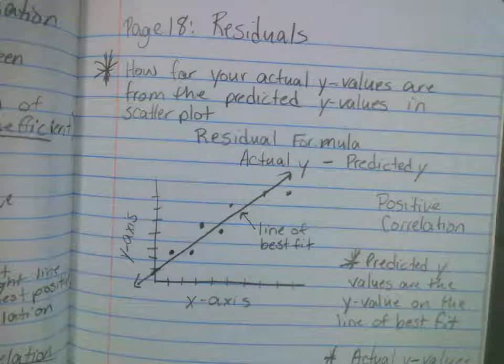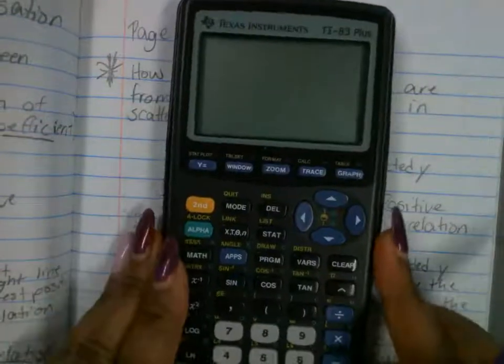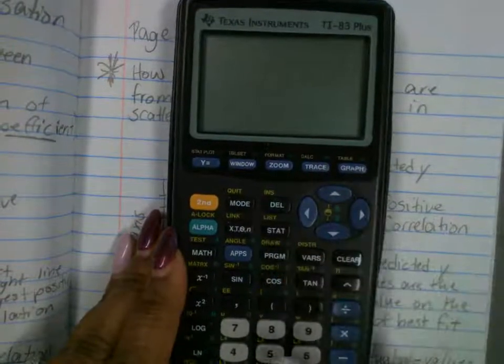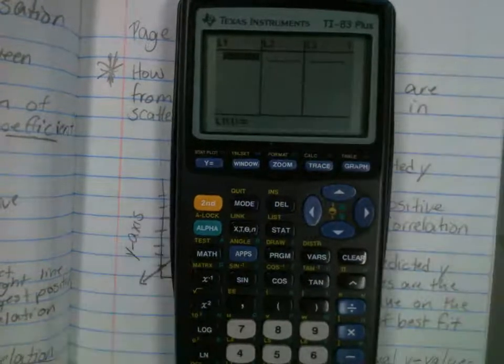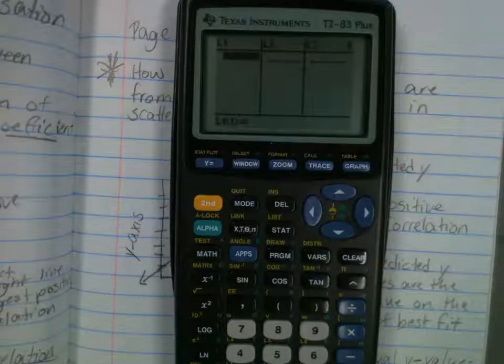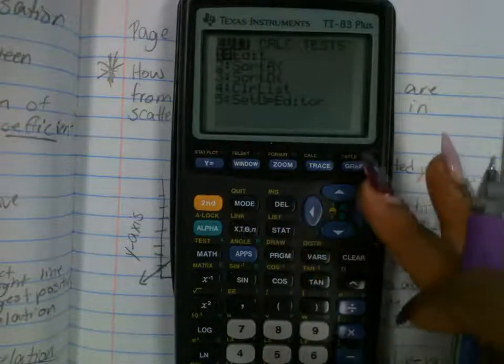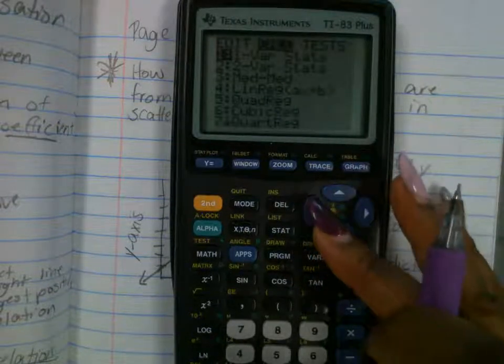The first thing that you do to find your residuals is to find the line of best fit. If the line of best fit is not given, then you can find it by typing in all of your points in the calculator and doing a linear regression. Don't forget, linear regression is stat, calc, and down to LinReg.